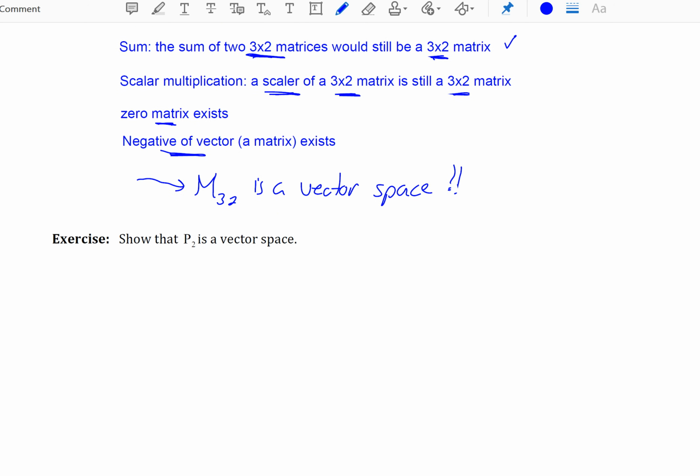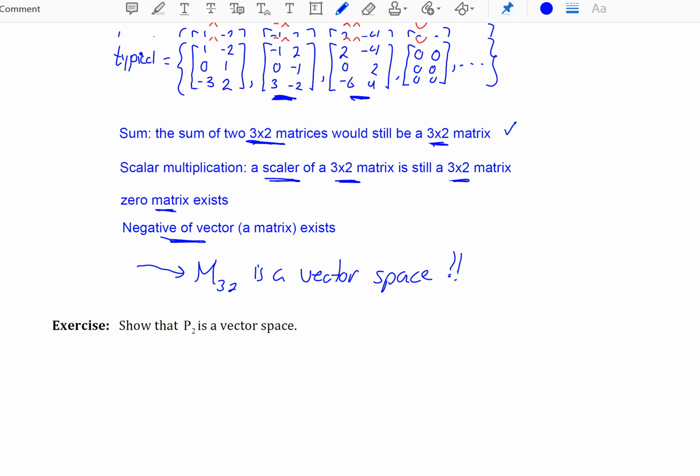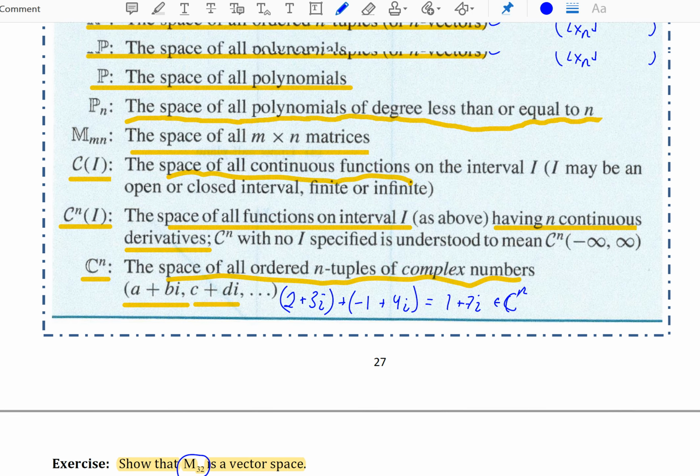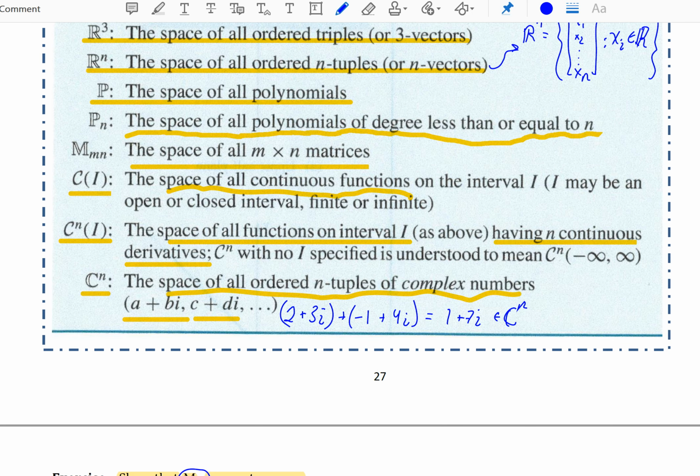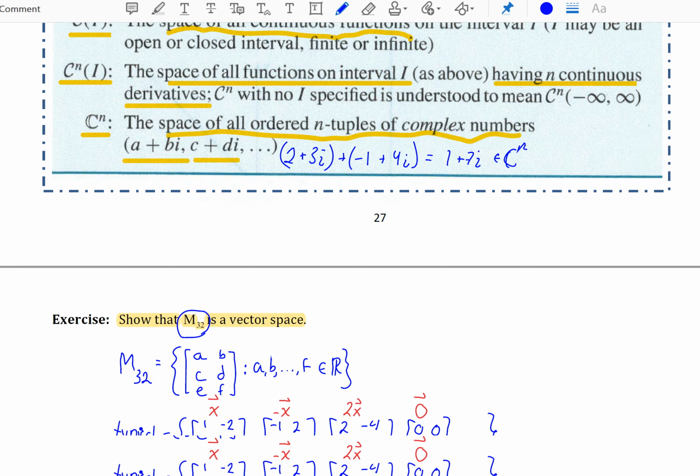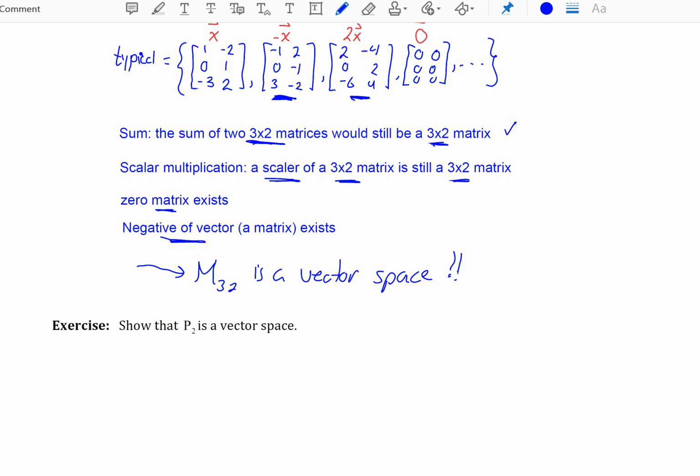Okay. How about P2? It might be helpful to look back and recall what P2 meant. So P sub n is the space of all polynomials of degree less than or equal to n. So the degree is less than or equal to n. So here we're talking about P2.